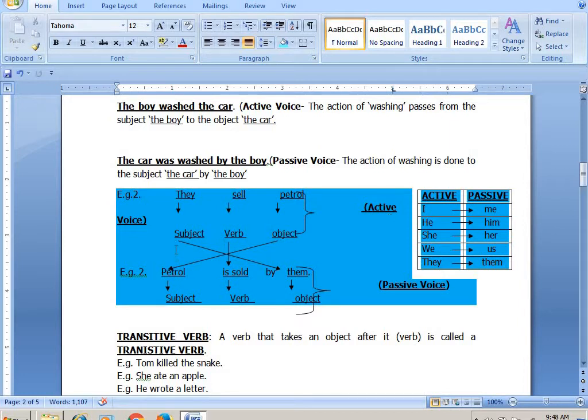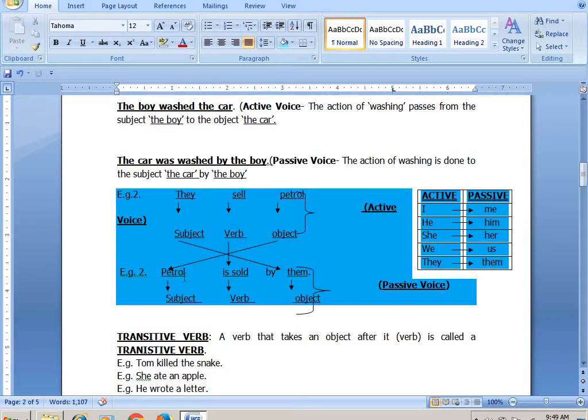Now, just see the interchange. Subject becomes object, object becomes subject. What is the subject over here? They. And what is the object over here? Petrol. Now, while turning the sentence into passive, the object will become the subject. Okay?